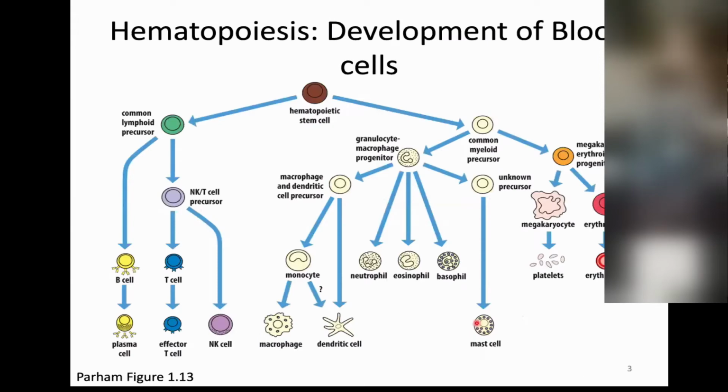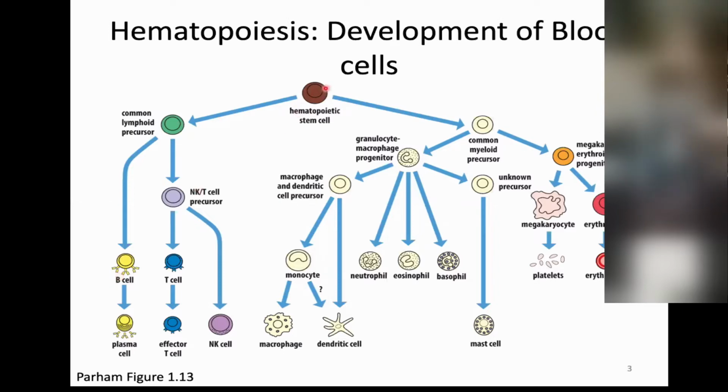So what we're really talking about here is zooming in on the development of the B cell going from the hematopoietic stem cell to the point of being a B cell that has a B cell receptor and has done VDJ recombination to make both that B cell receptor as well as that antibody.